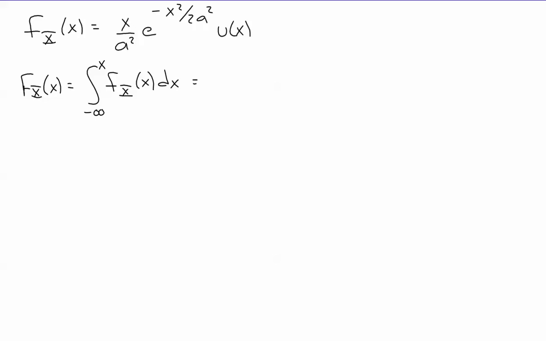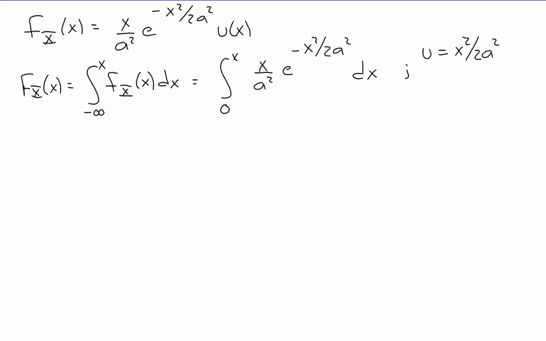And my step function affects the lower limit. So that gives me integral from 0 to x of x over a squared e to the minus x squared over 2a squared dx. Now I'm going to do a change of variables. I'm going to let u equal x squared over 2a squared, and du will therefore be x over a squared dx.